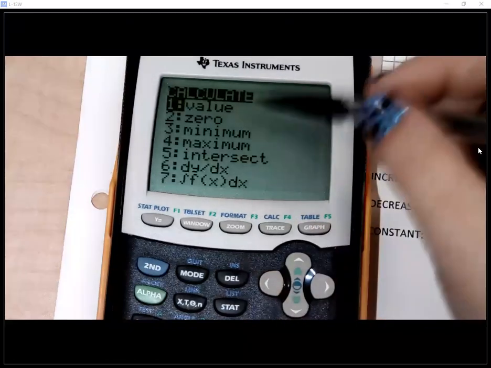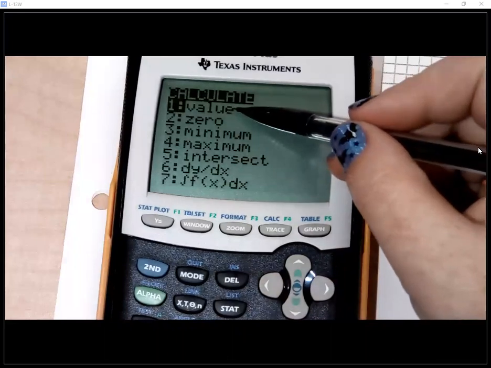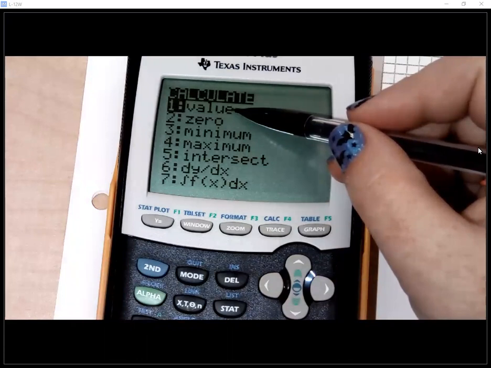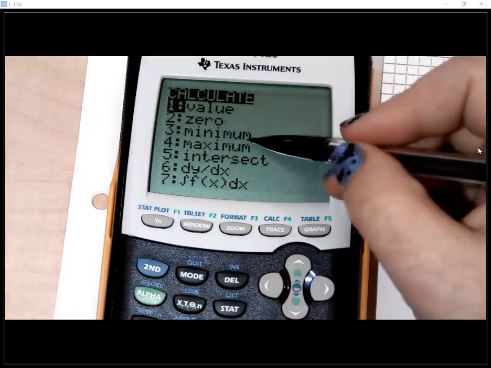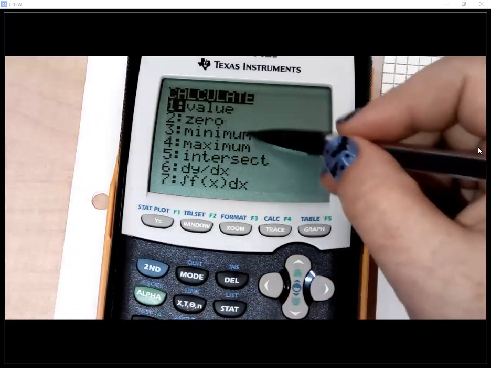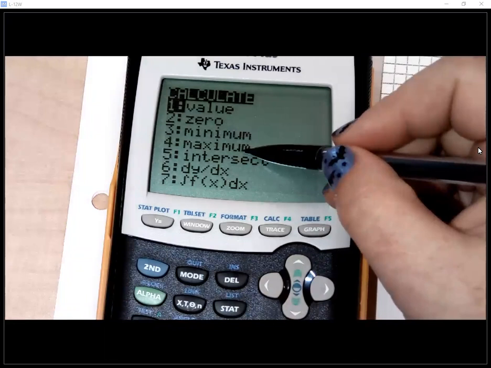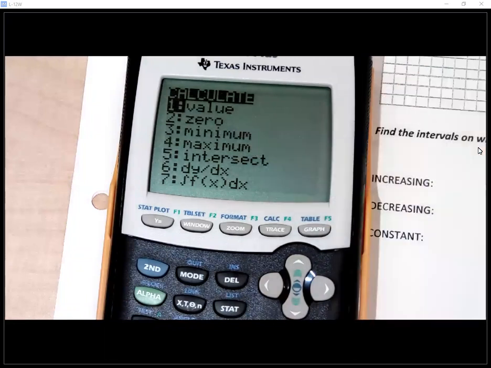I can find a value. So I could say, hey, what's the value of this function when x is 10? I could plug it in. I could find a zero. Zero is another name for an x-intercept. We'll talk about those in a minute. I can also find a minimum or a maximum point. What did we have in our graph? It was bottoming out. So is that a max or a min?